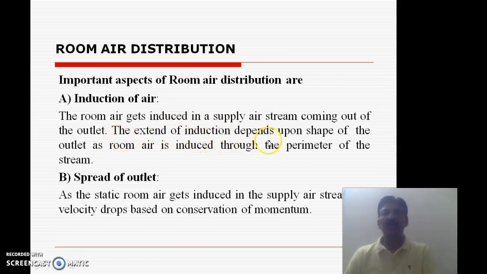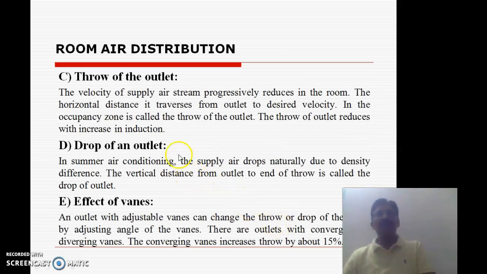The extent of induction depends upon the shape of the outlet, as room air is induced through the perimeter of the stream. The second one is spread of outlet. As the static room air gets induced in the supply air stream, its velocity drops based on conservation of momentum. Then the third one is throw of the outlet.